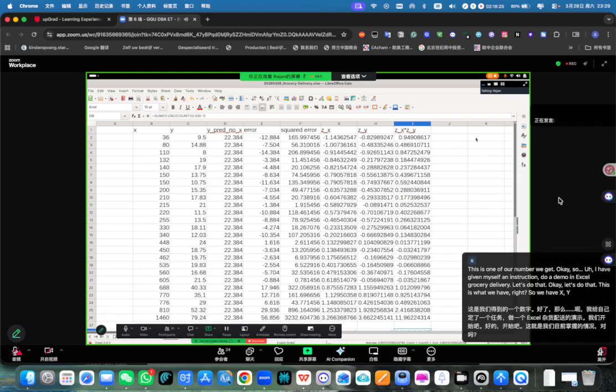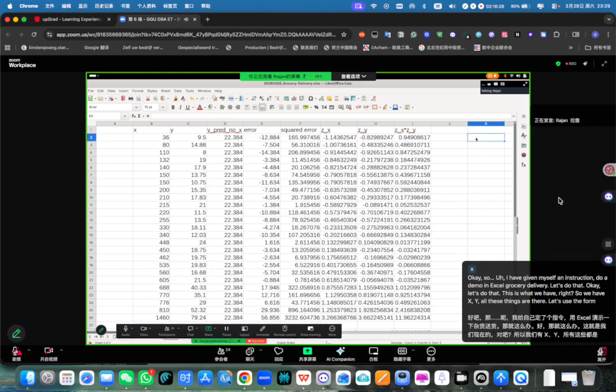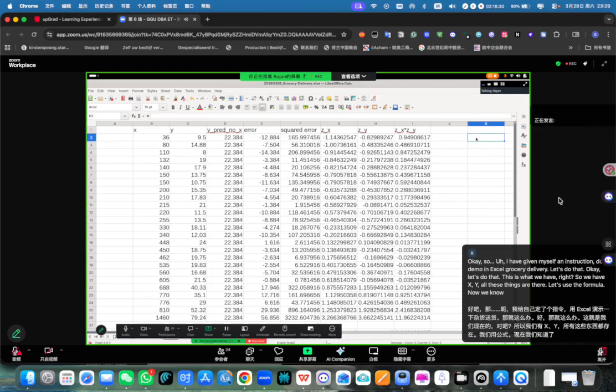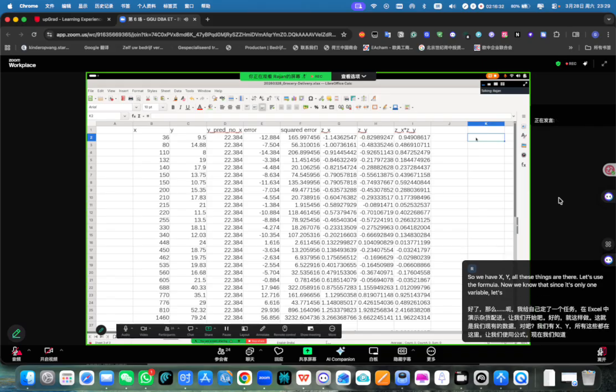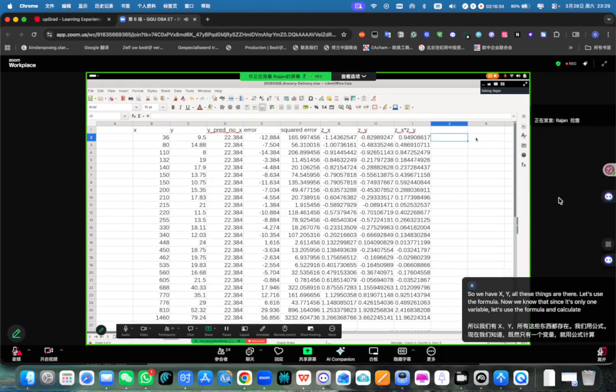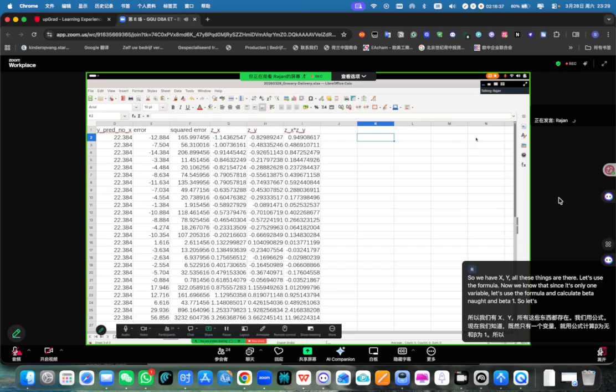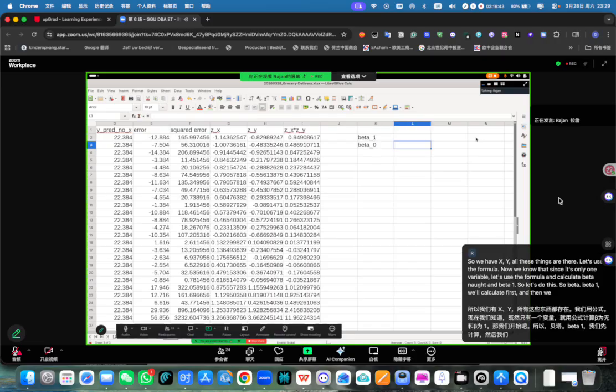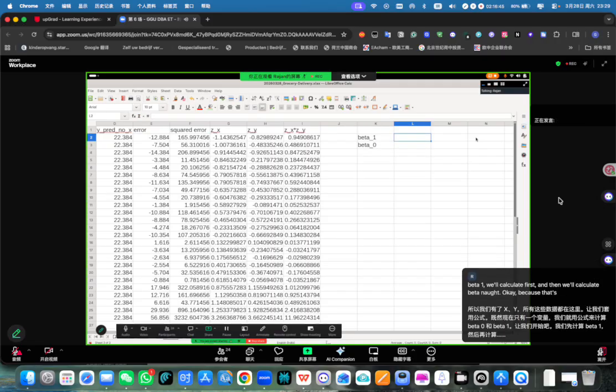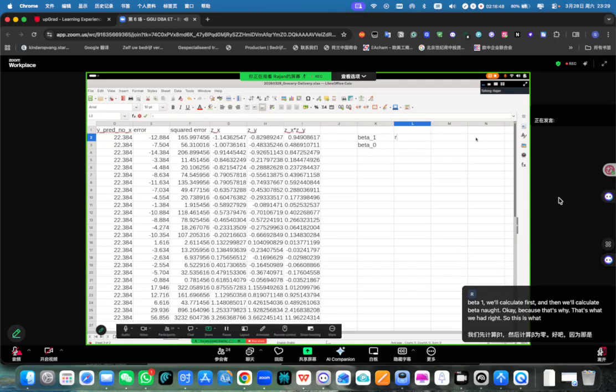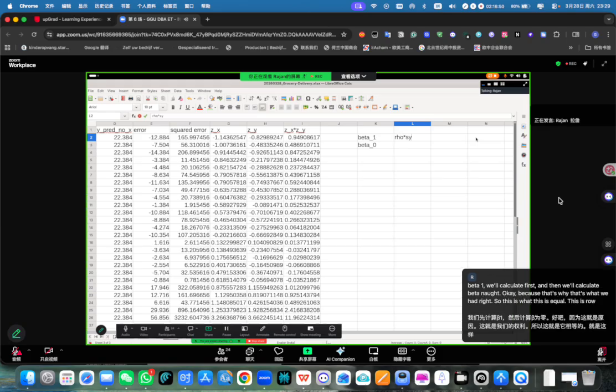Since it's only one variable, let's use the formula and calculate beta 1 first, and then we will calculate beta naught, because that's what we had. So beta 1 is equal to rho times sy over sx.